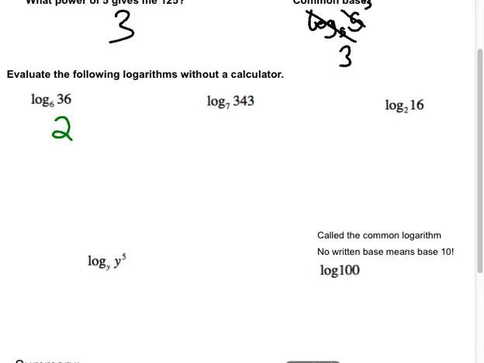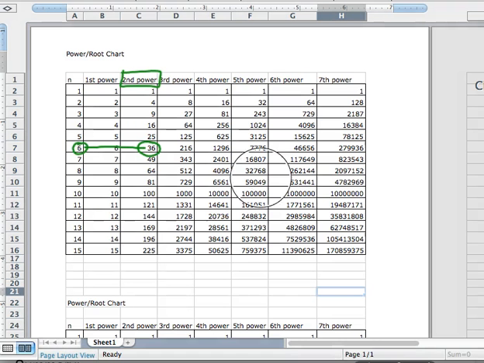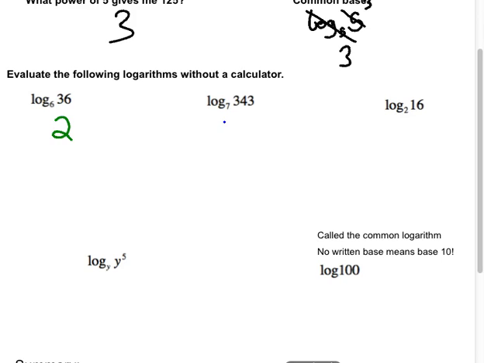I need 6 to the second power. What power does 7 need to become 343? Again, this power chart is really going to help you. 7 to become 343 needs a third power. So that is going to give you a 3.